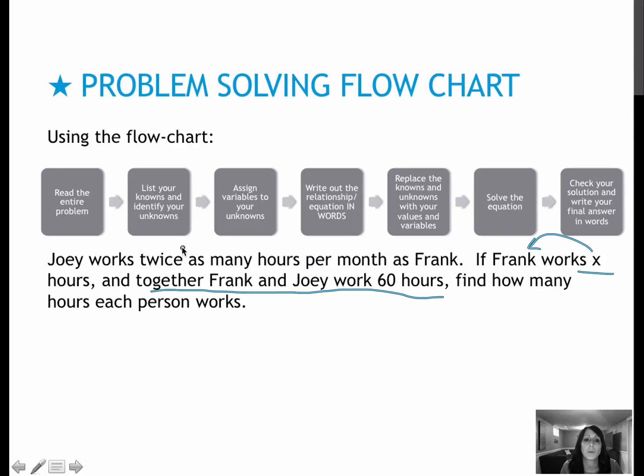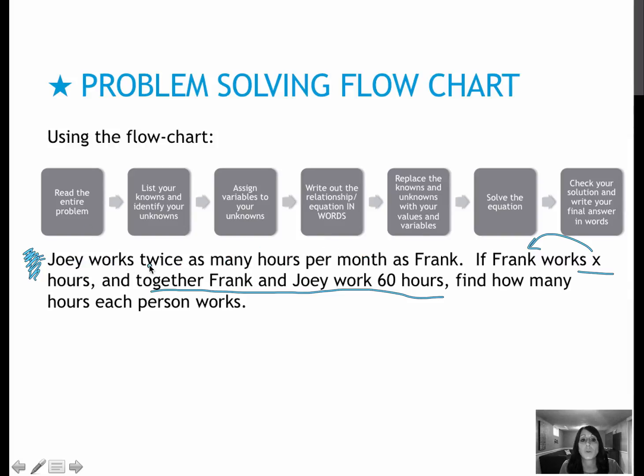Joey works twice as many hours per month as Frank. So some people would want to say, well, let's just say Joey equals Y. But if I have 2 variables and 1 equation, I can't solve it. If I have 2 variables and 2 equations, I can, but I'm going to have 1. So instead of using a whole new variable, I'm going to take this X and say, can I write some sort of relationship for Joey?